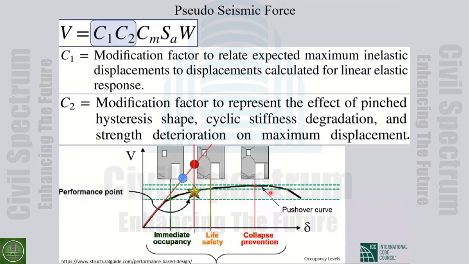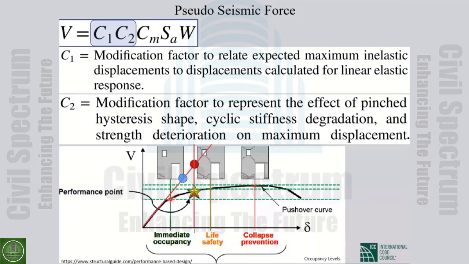So if you want to differentiate between different performance levels, for example, here is 0.1, here is 0.2, here is 0.3.